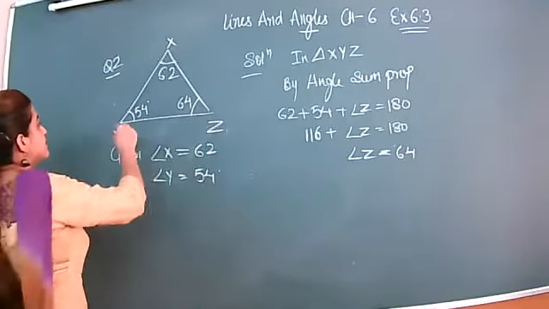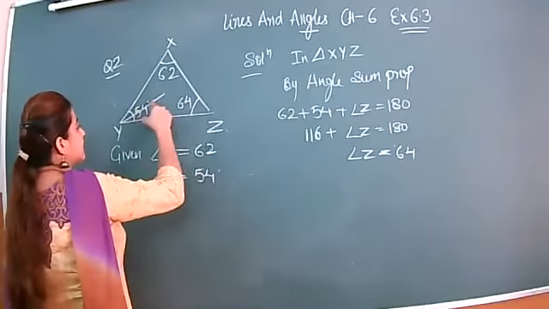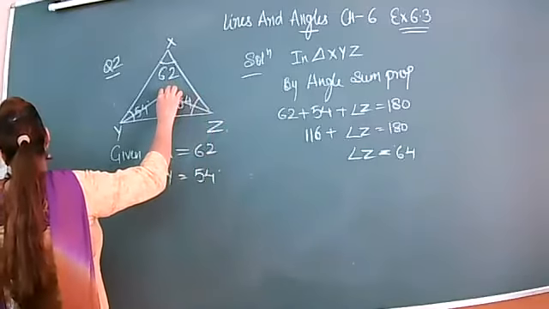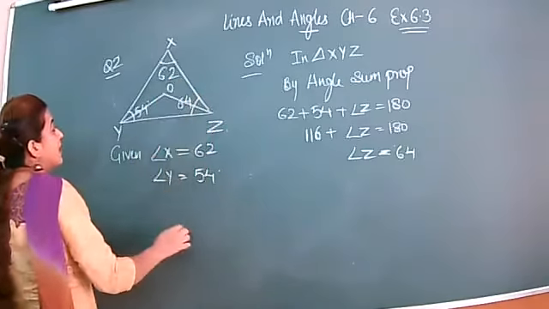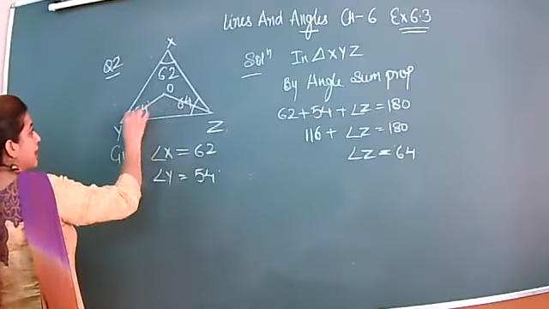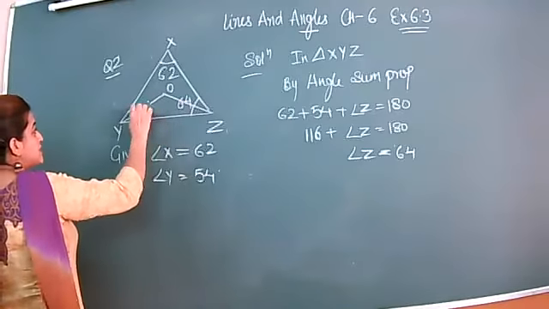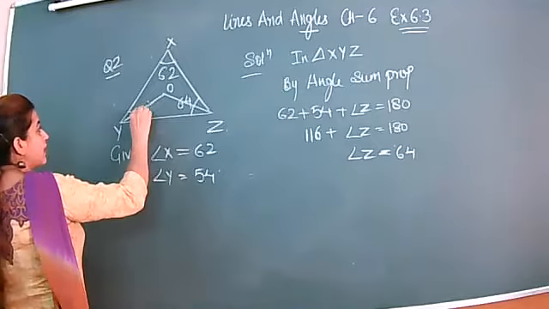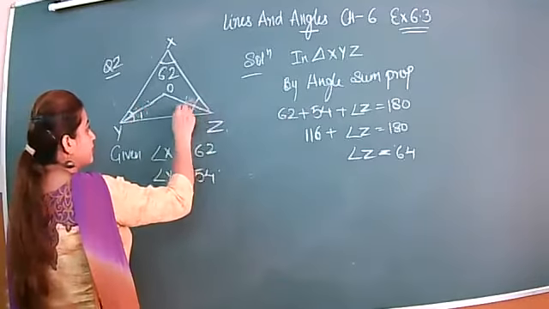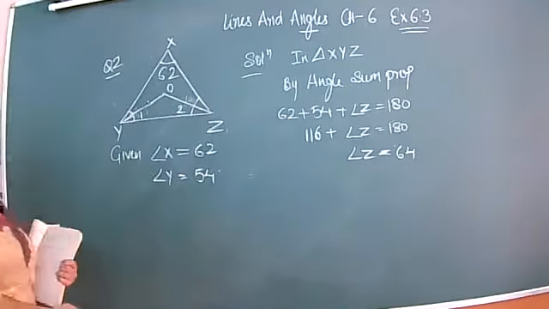Now the next step is you have given the bisector of this angle Y and bisector of angle Z, and they are meeting each other at the point O. As you know that this angle Y is bisected by the line YO. So can we say that this angle 1 is equal to half of this Y and this angle 2 is half of angle Z?